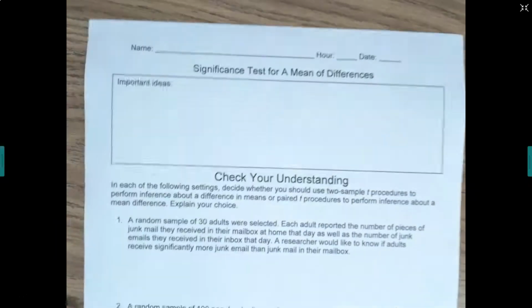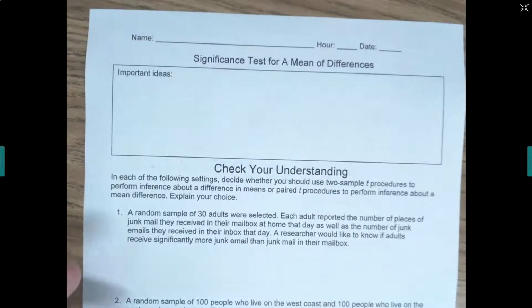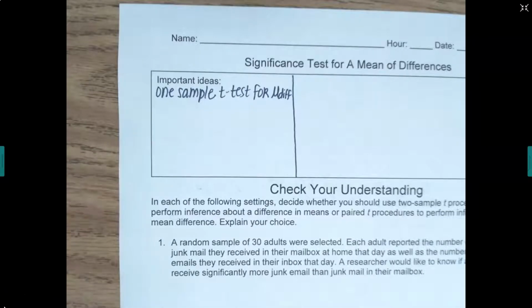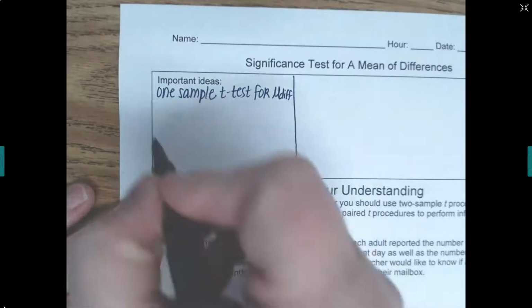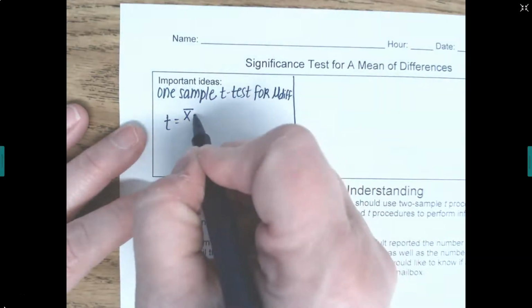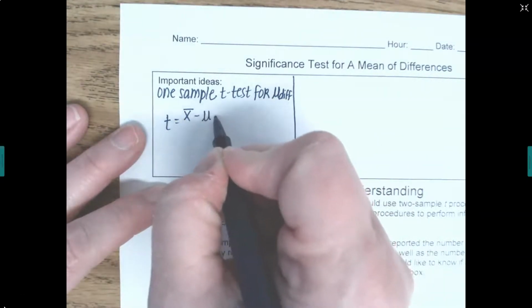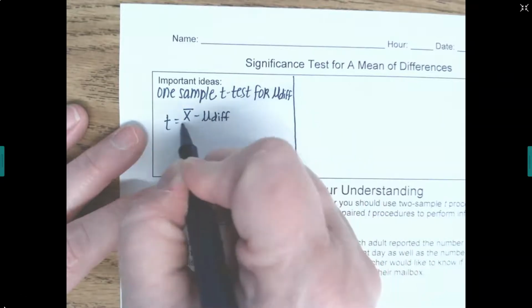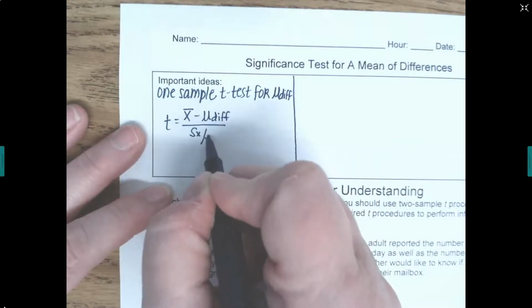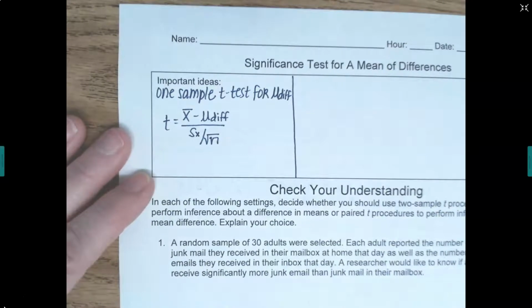So let's go ahead and flip this over and do a quick summary here. We have two things that I want to tell you. First part is one sample t-test for mu diff. Remember your formula is your mean minus your null hypothesis value, which should be 0, and then your standard error, which is the standard deviation of the sample divided by the square root of the sample size.